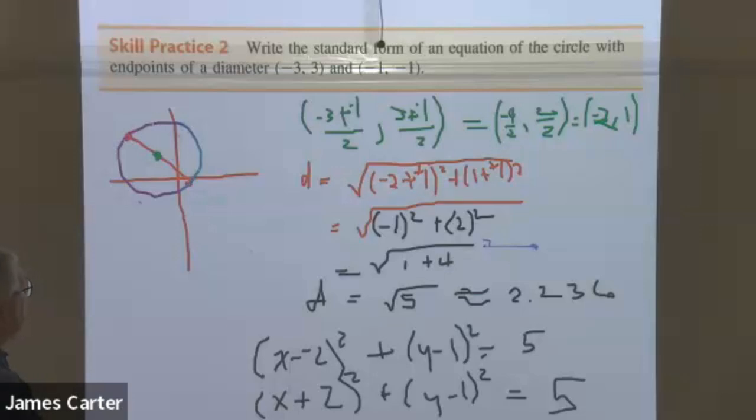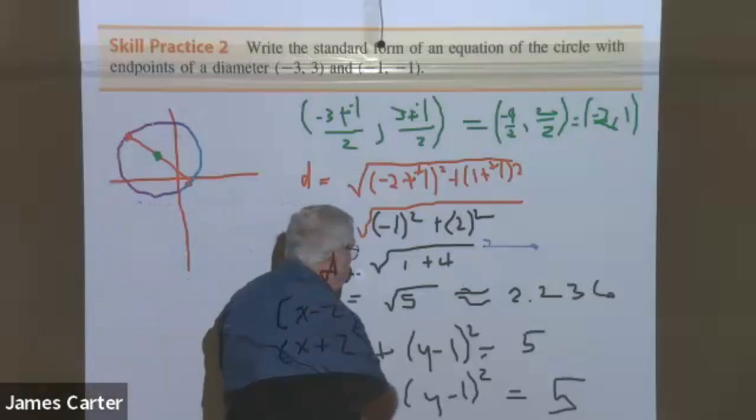Here's my -2 and 1 from the midpoint, and here's my endpoint values, the -1, -1. And I simplify and square this. I get square root of 5, which according to the calculator is 2.236, approximately. Now, I'm not actually going to use that approximation. I'm going to use this because it is exact. And there's one step I left out on this.